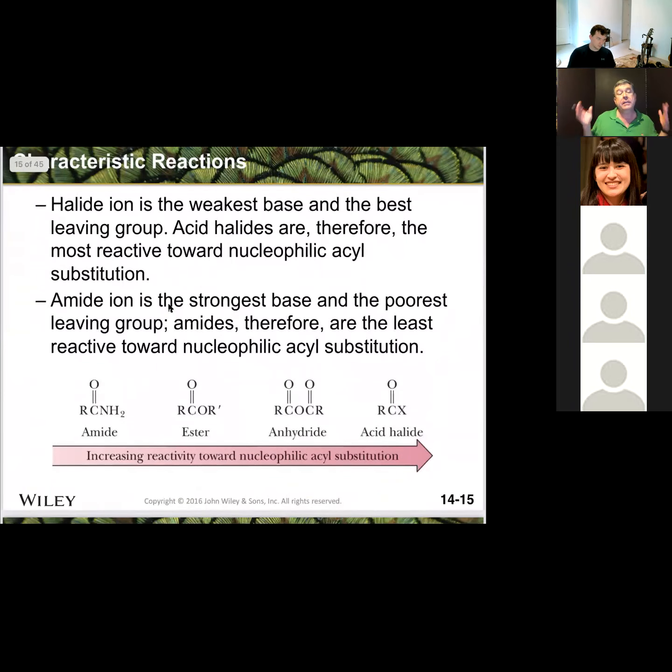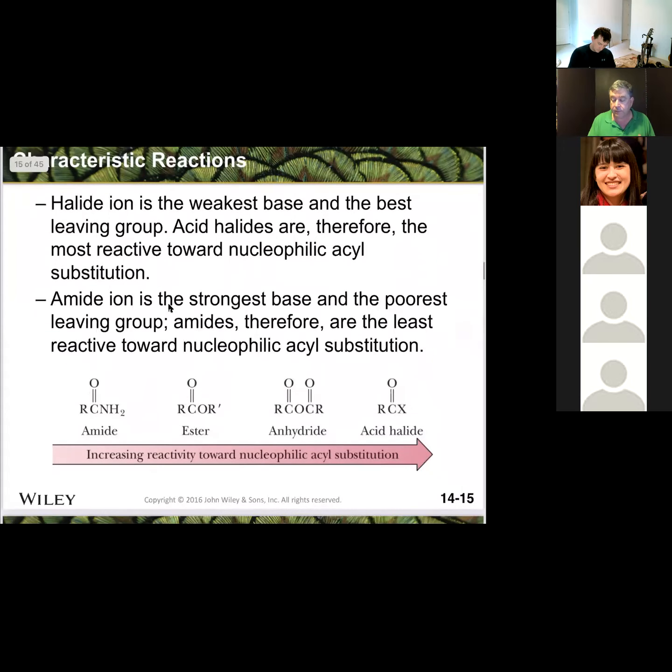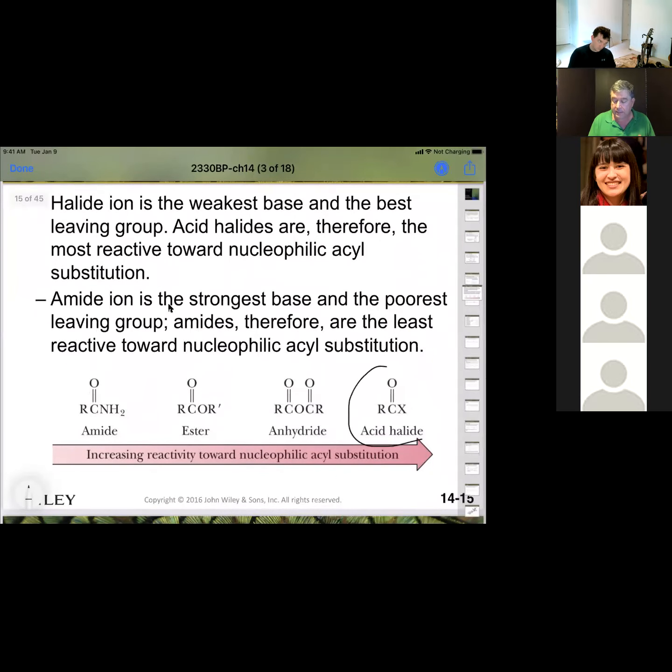If the halide is the best leaving group, that means it's going to be the most reactive toward this nucleophilic substitution. And if the amide has the worst leaving group, that nitrogen anion is the worst leaving group, it should be the hardest thing to do substitution on, okay? Which means that the acid halide is more reactive than the acid anhydride, and the acid anhydride is more reactive than the ester.